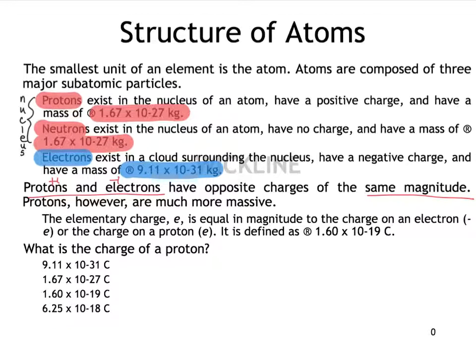But in physics, we're going to use some different terminology. We're going to term both of these in terms of what we call the elementary charge. The elementary charge is symbolized with the letter E, and it has a quantity that goes with it as well. It's defined as 1.60 by 10 to the negative 19 coulombs. A coulomb is, in my opinion, just a bucket of charges.